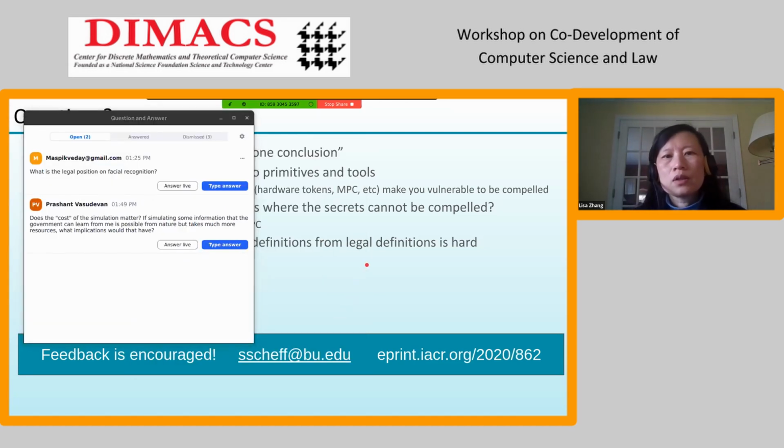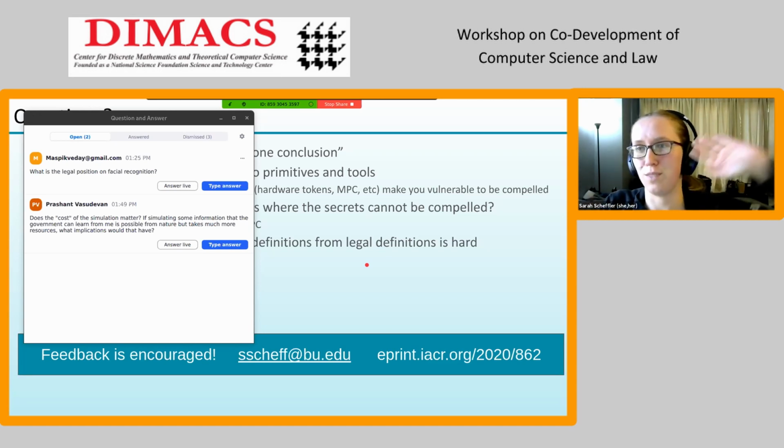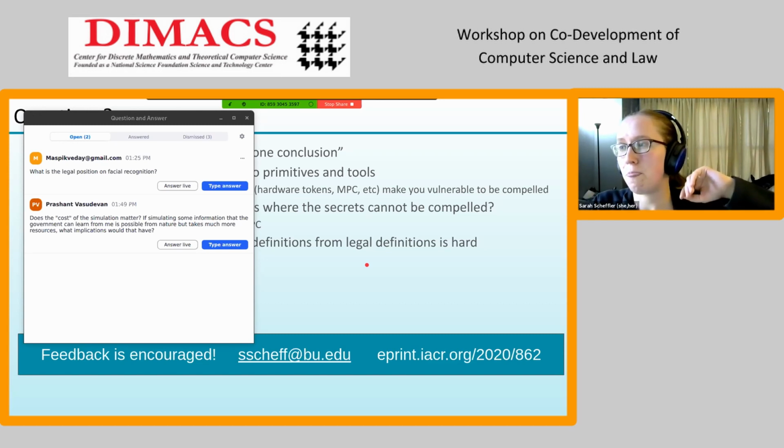What's the legal position on facial recognition? I don't know about any facial recognition matter that has to do with this particular work and the Fifth Amendment or foregone conclusion questions, so all of this will be from other general knowledge. I don't know if there is any kind of federal statement on facial recognition. In fact, I think there is not. I do know Illinois has a biometric law that seems to say you need explicit consent every time you collect or use, I forget which, a biometric, and maybe facial identification, like maybe Facebook's tagging algorithm, counts.